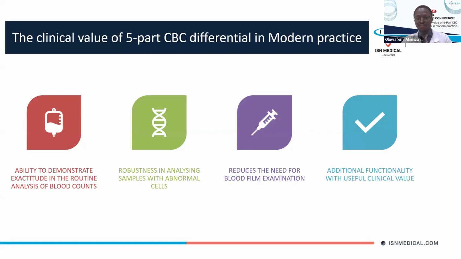So the 5-part analyzer is also equipped to be able to say, okay, this is an atypical lymphocyte. There is monocytosis. I'm sure some of us would have seen all that before. So there is additional functionality on the 5-part analyzer, including flagging systems, that can give you more information than what the 3-part analyzer will give you.